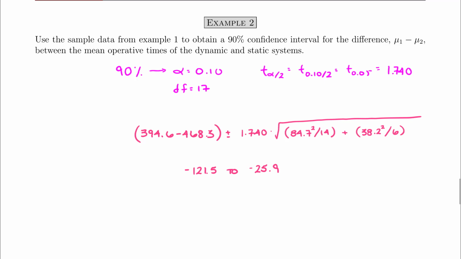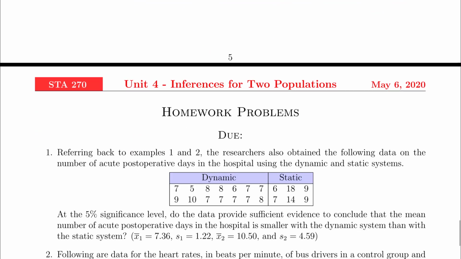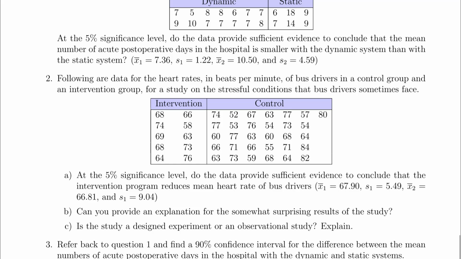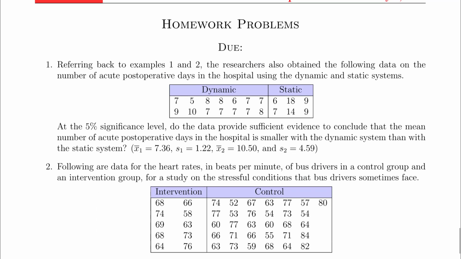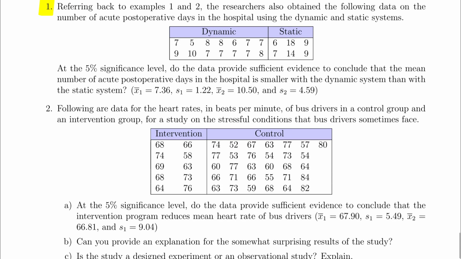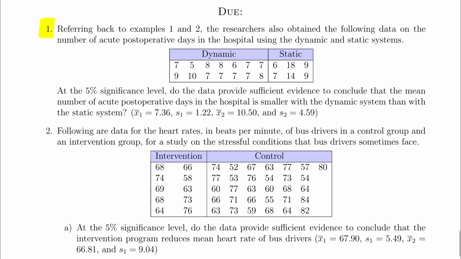Now your homework is going to be pretty straightforward as well. What I would like to see you guys do is questions 1 and question 3. The reason I want you to do those two is that they both tie together. With question 1, we're talking about how much time the patient spent in the hospital bed following surgery.